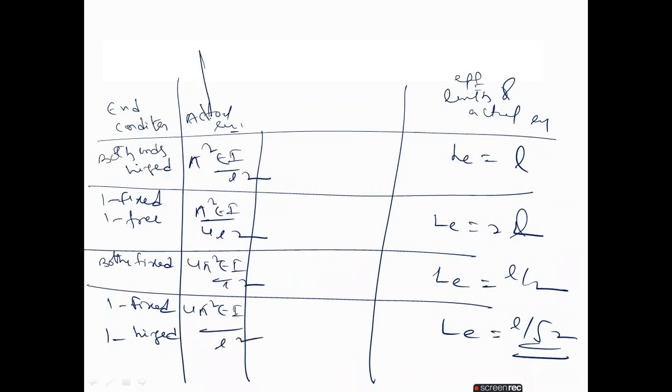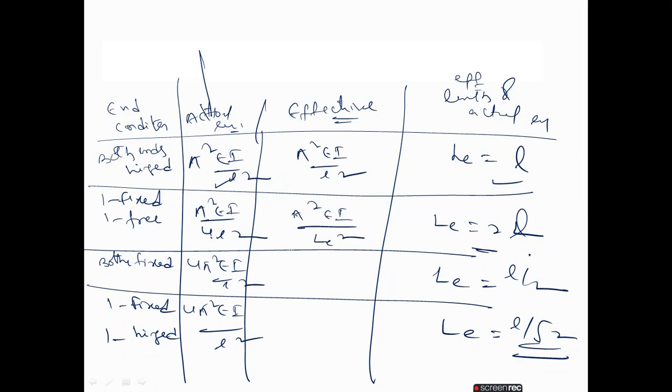We calculated the derivations until now, but how will we calculate using the effective length? In this condition LE equal to L, so the same formula. But here LE equal to 2L, so π²EI by (2L)², which is 4L², so it is the same as before. In the same way, we have to substitute the L value: L equals LE by 2.